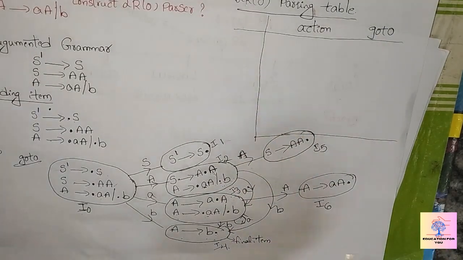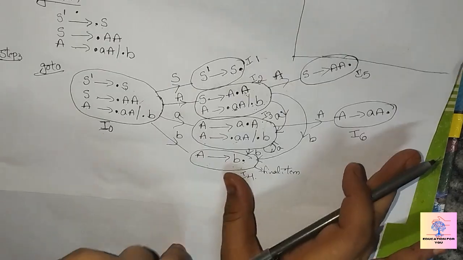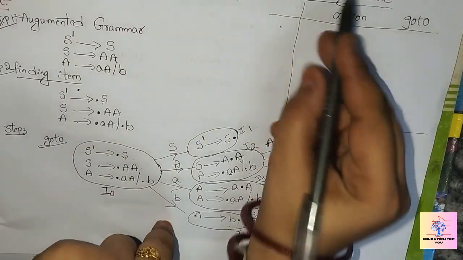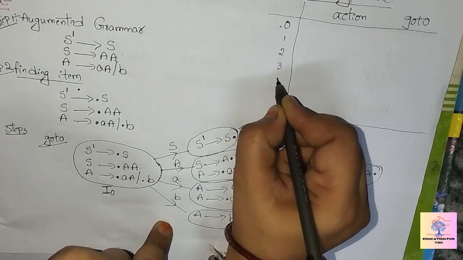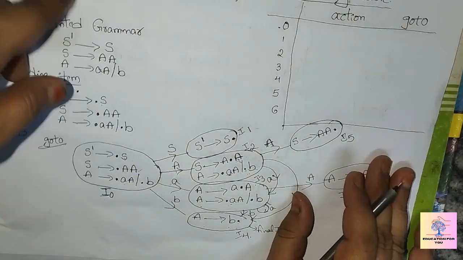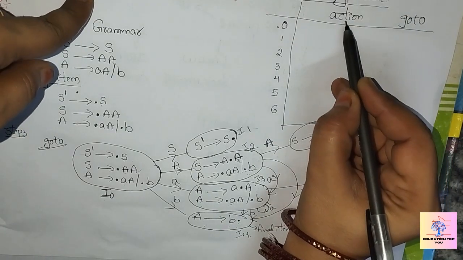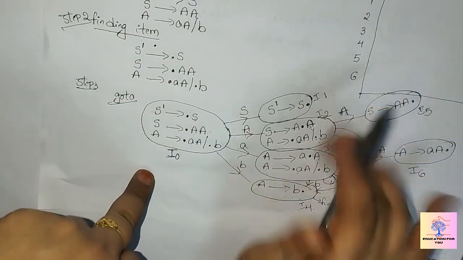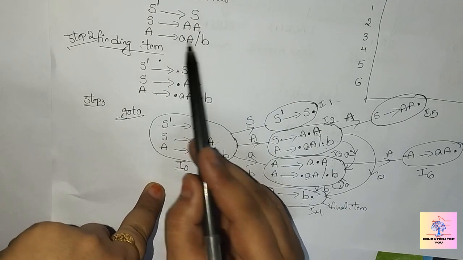Now the rows you have to take as states. How many states did you get overall? Six states. Okay, you have to mention them as 0, 1, 2, 3, 4, 5, 6. So in the action, what are the terminals we have in this grammar? Small a and small b.